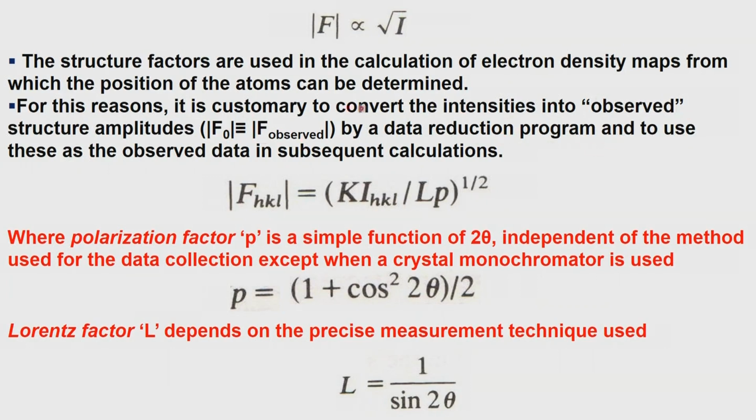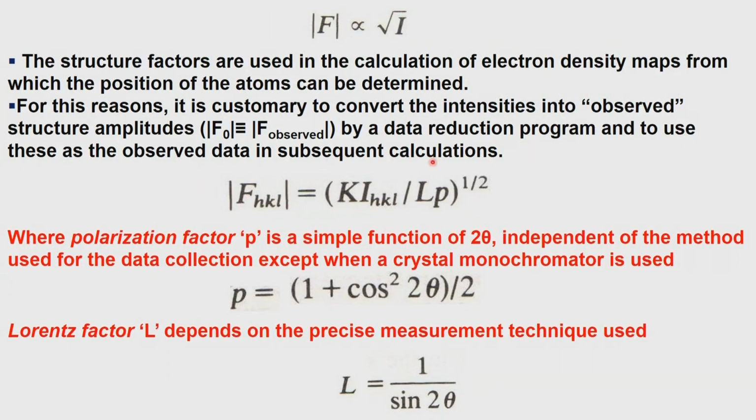Now, we have to treat this data, what we call a data reduction methodology, such that we correct for all systematic errors that might occur on this particular value. One of the rigorous procedures which must be followed before we go any further is to treat this F of HKL by this expression.